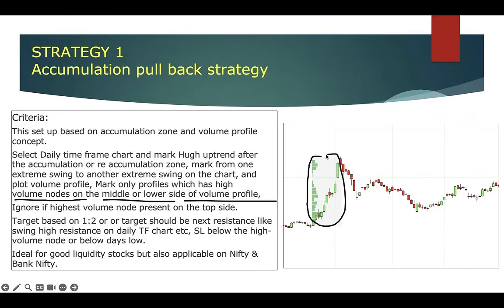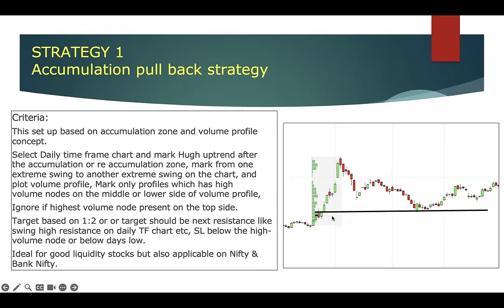Once you mark the volume profile, if there are high volume nodes at the top, then you should ignore it, because it is more likely that big players are offloading their position. That means they are selling their position which they bought at the lower level, right? So either the high volume node should be at the bottom or at the center. In this volume profile, you can see that the highest volume node is here, right? And mark that high volume bar top and bottom, and that is where we expect price to take support on a pullback or retracement.